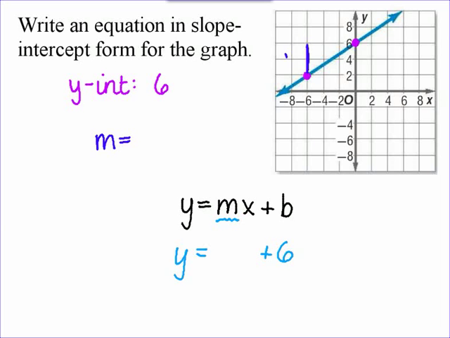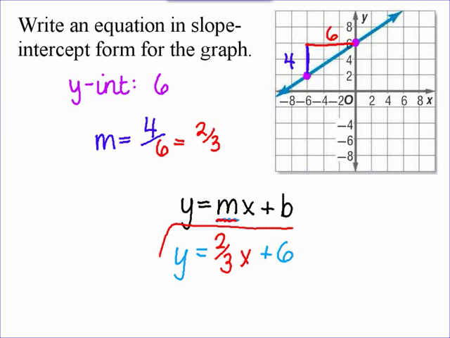So really the rise would be 4, divided by the run. What's the run going to be? 6. So I've got 4 over 6, which is 2/3. So I'm going to plug in 2/3 down here for m. I'm just going to attach an x, and that is your equation in slope-intercept form. Okay, we found the y-intercept, and we found the slope. Questions?